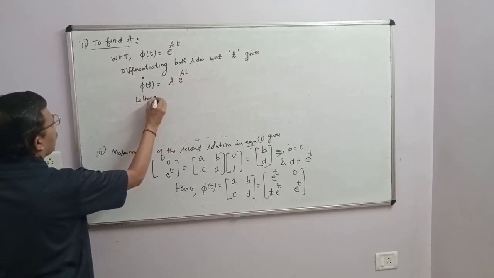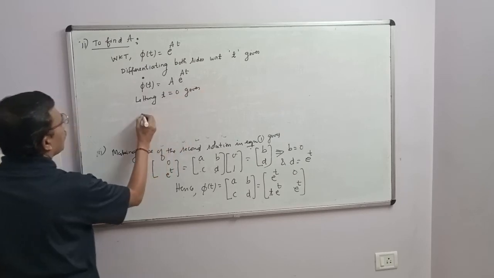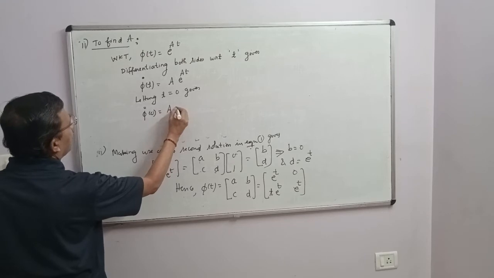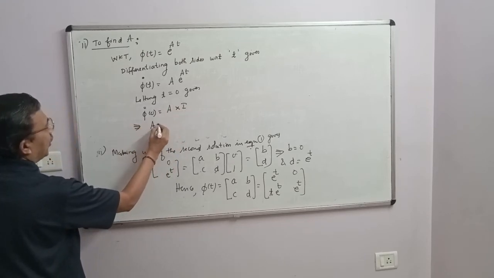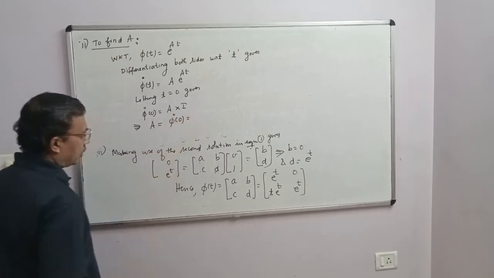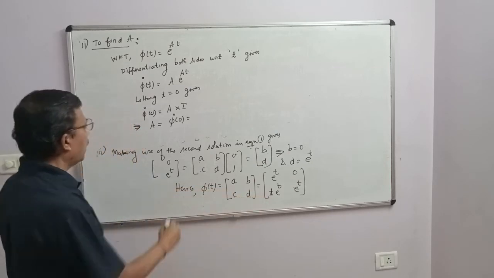Letting t is equal to 0 gives phi dot of 0 is equal to a into I. This implies a, if you multiply by identity matrix, it remains a only. A is equal to phi dot of 0. That means differentiate this matrix and then put t equal to 0.